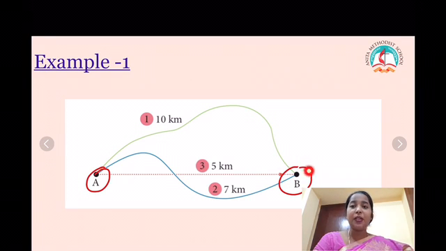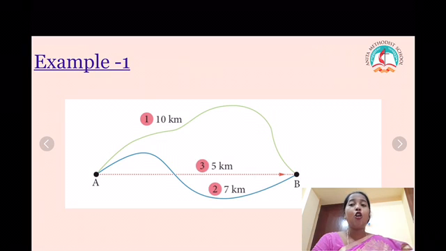The distance between A and B in the first path is 10 km, and in the second path, the distance is 7 km. So, which is the shortest distance? The shortest distance between the two places is 5 km, because the person travels in a straight line. So, the displacement is 5 km.